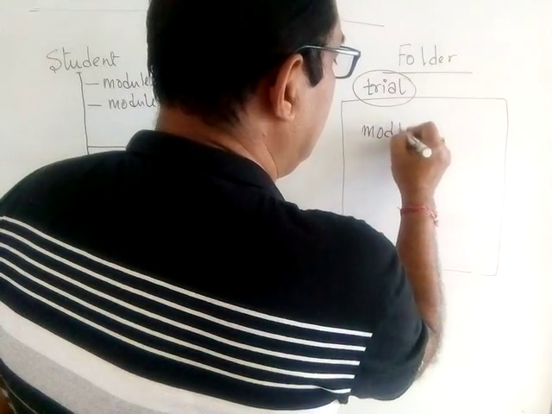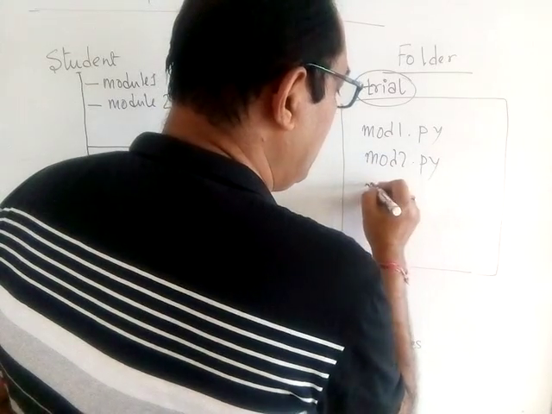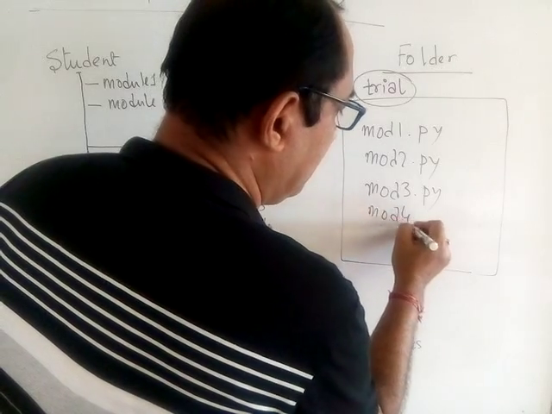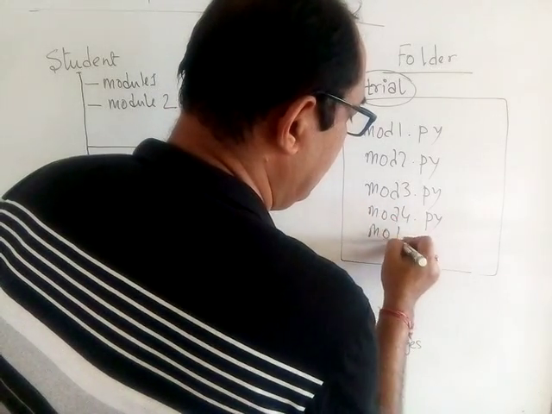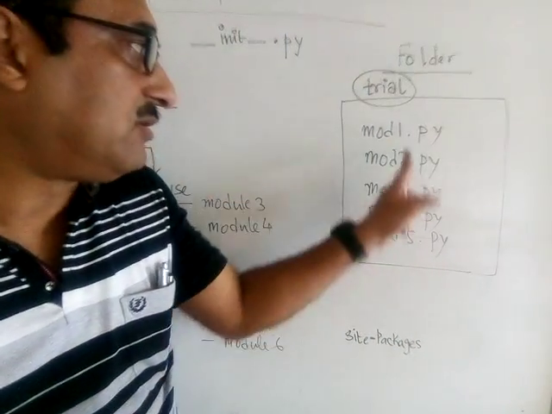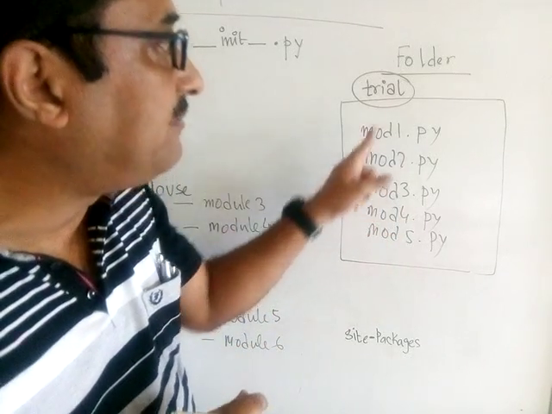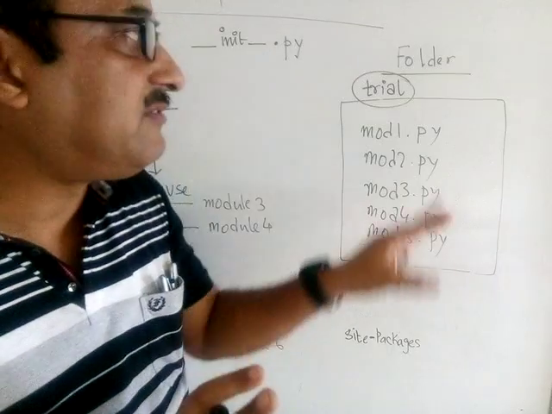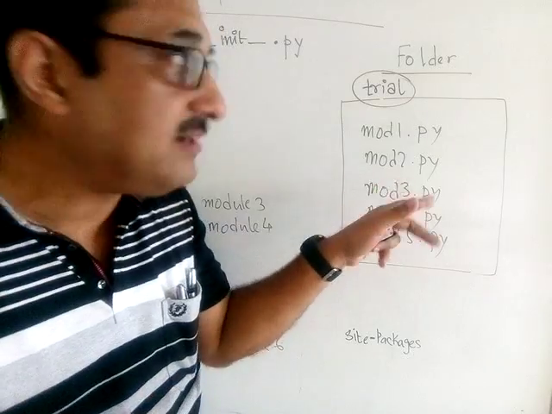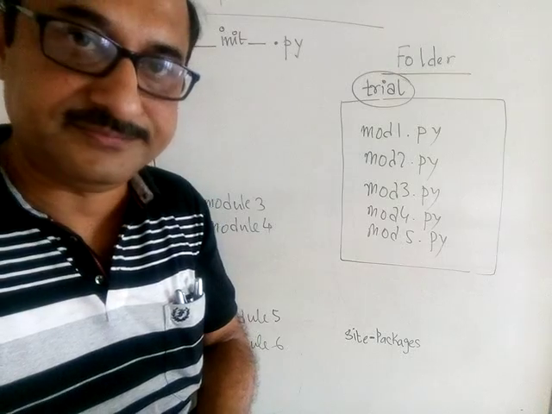So mod1.py, mod2.py, mod3.py, mod4.py and mod5.py. These 5 Python files are 5 modules, and what you have to do is copy them under the folder trial. So what I did, first I created a folder trial, then I thought these 5 modules should be together under this package, so I copied and pasted them under this directory.